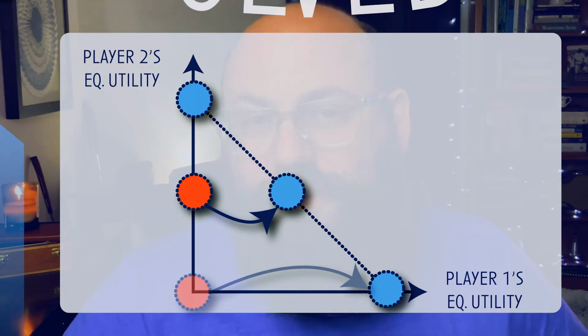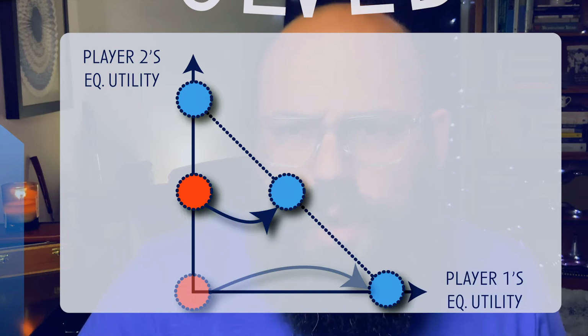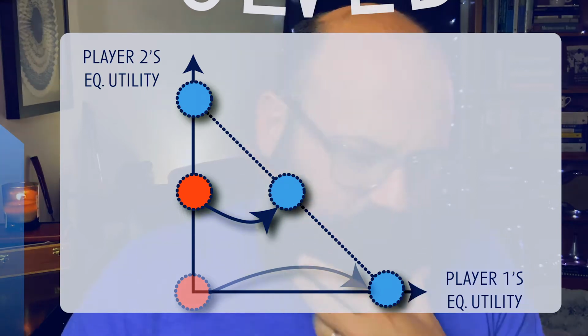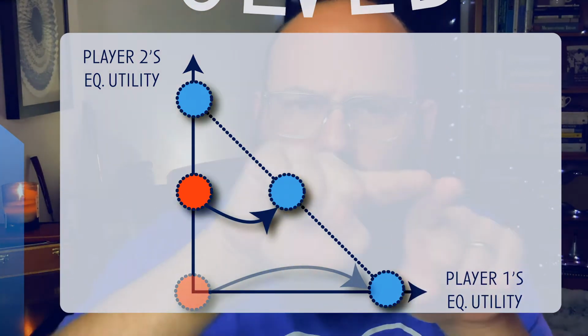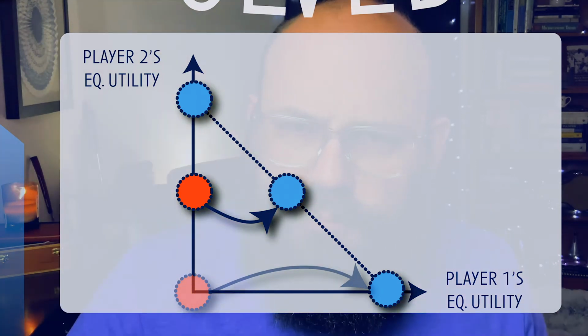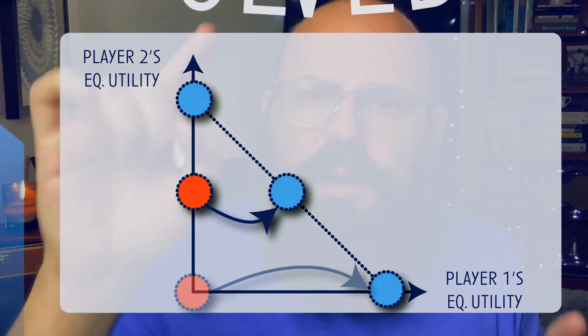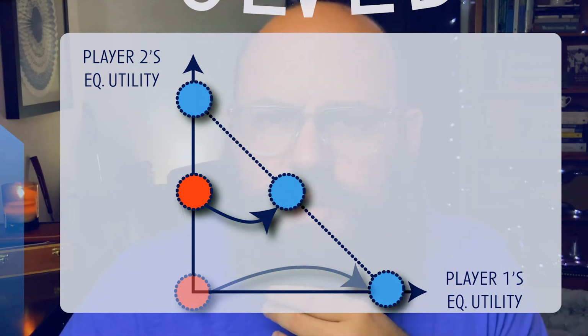That's pretty cool. Consider the set of all points that are Pareto efficient and Pareto dominate the disagreement point. We'll call that the bargaining range. If the disagreement point is 0, 0, then the entire frontier is the bargaining range. But if the disagreement point lives inside, then not all of the Pareto efficient outcomes are better than the disagreement point.